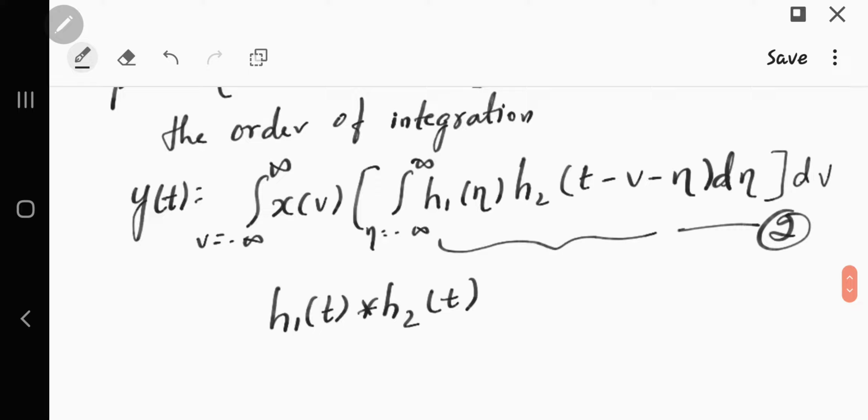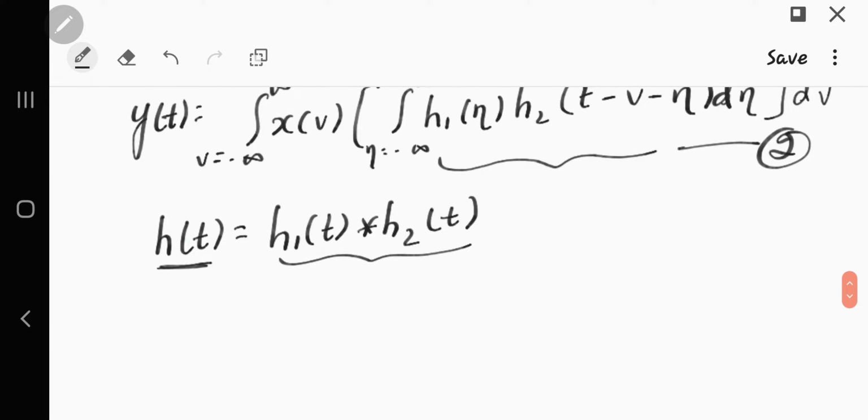So this h1 of t and h2 of t are the two individual system impulse responses, but when we consider the overall system, it is nothing but our h of t. So h of t is equal to h1 of t convolved with h2 of t. This is what it means. So these two, obtained by the convolution, are nothing but our overall system impulse response. Okay. Now, if this is the case, how do you define this?